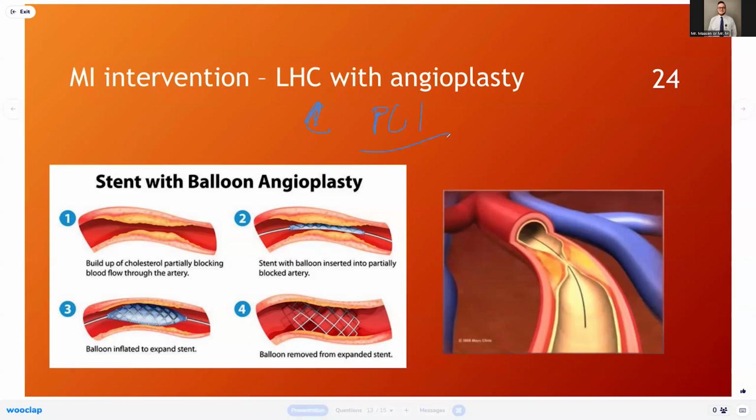Sorry, PCI is what they're talking about here. This is percutaneous coronary intervention. So when someone says PCI, they're talking about a cardiac cath.